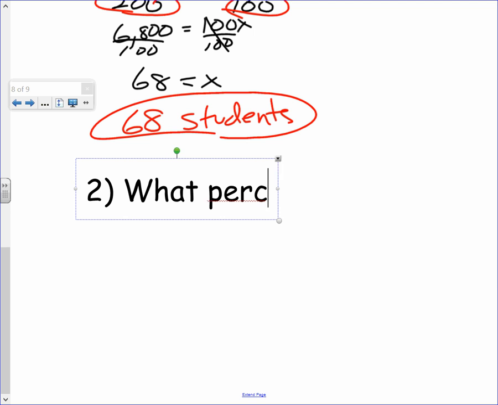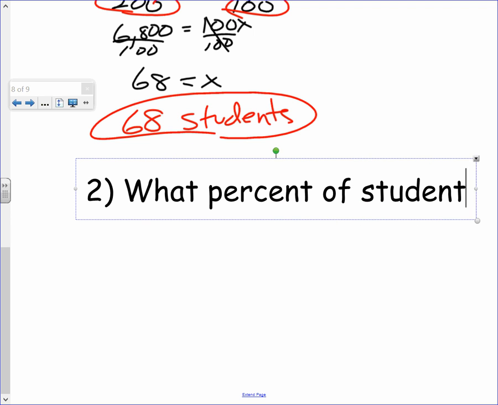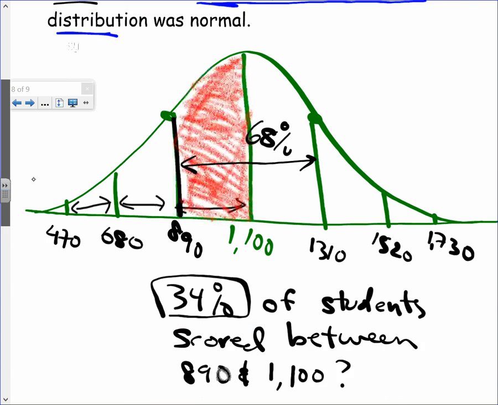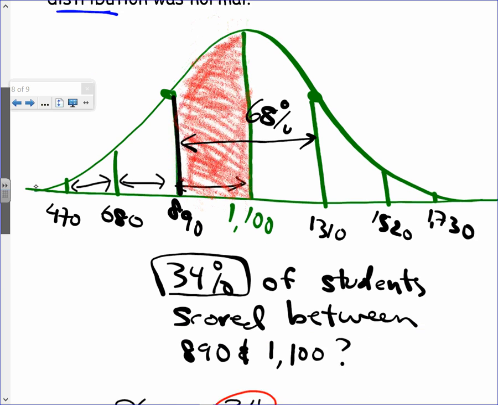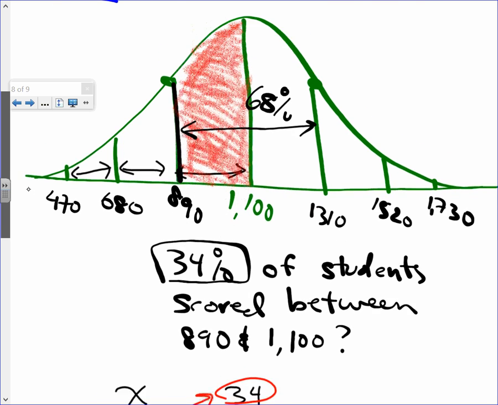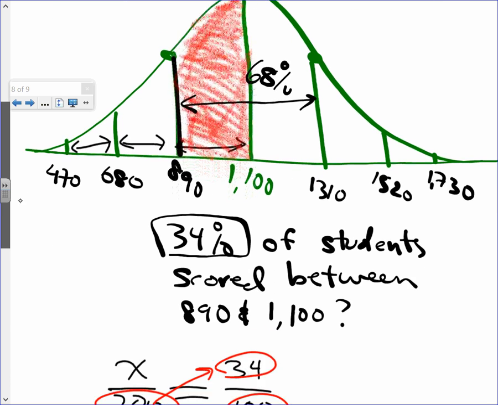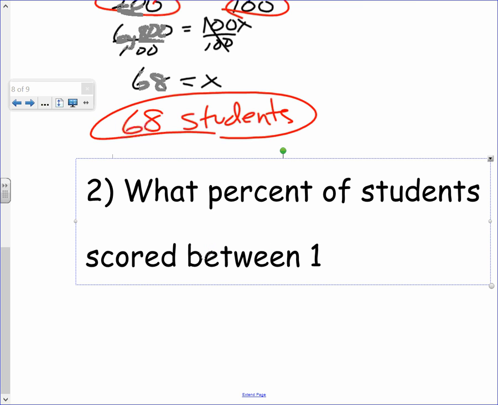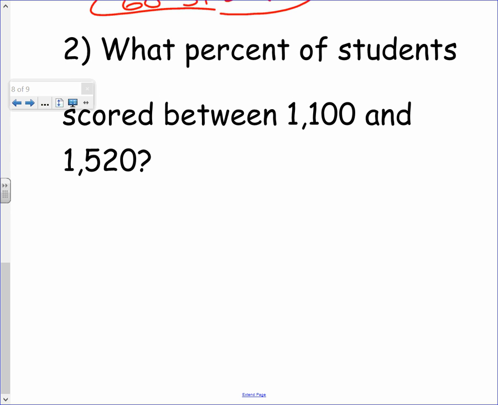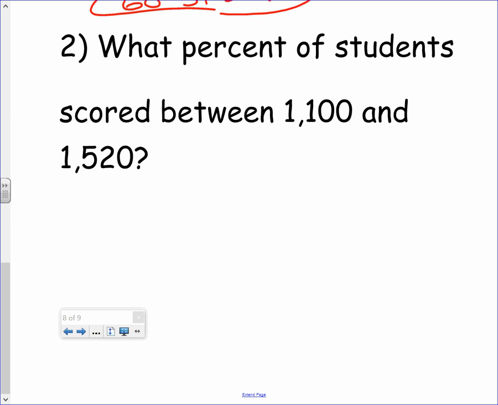What percent of students scored between 1,100 and 1,520? Want to write that in your warm-up? Same paper.